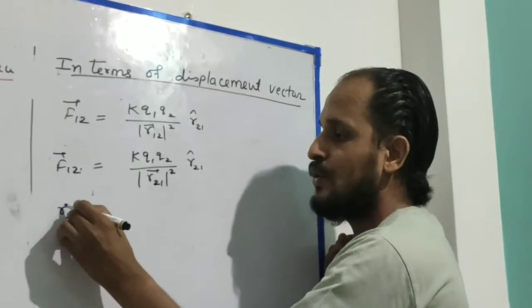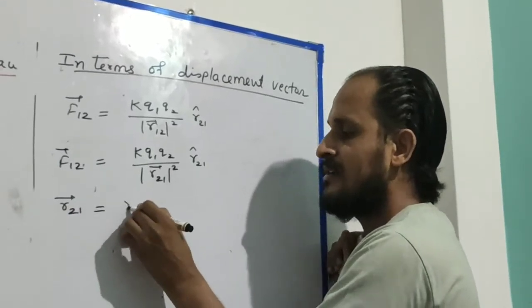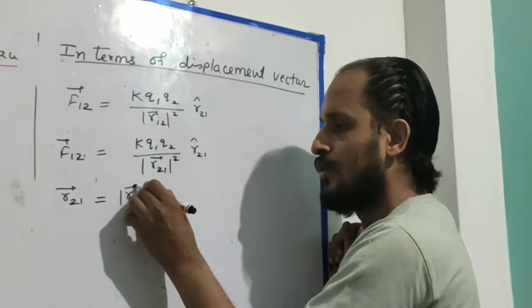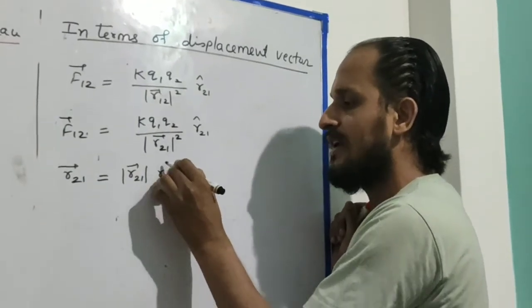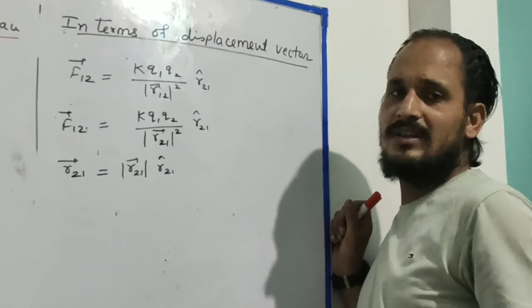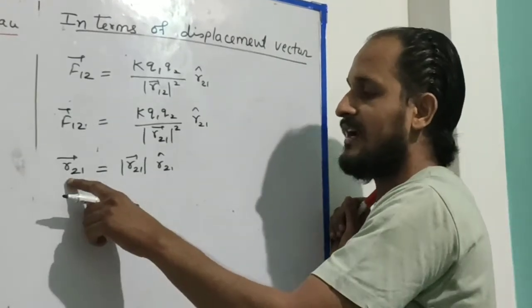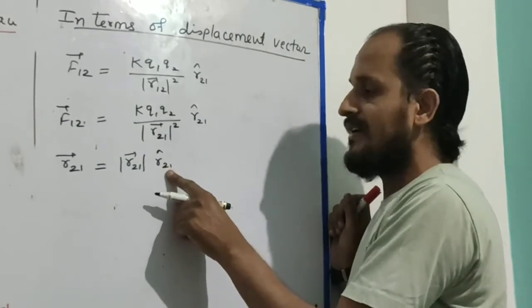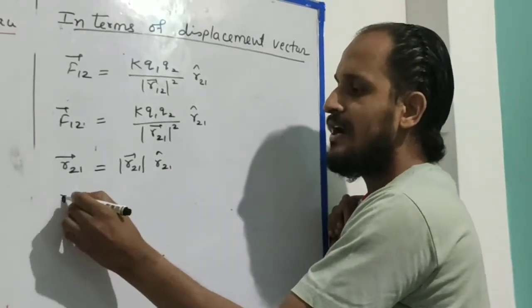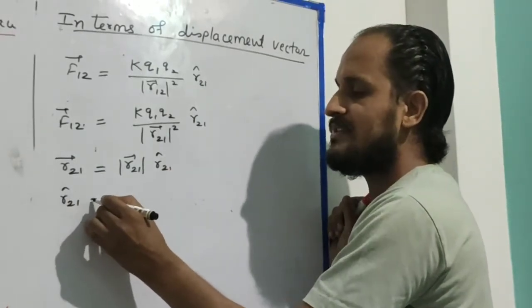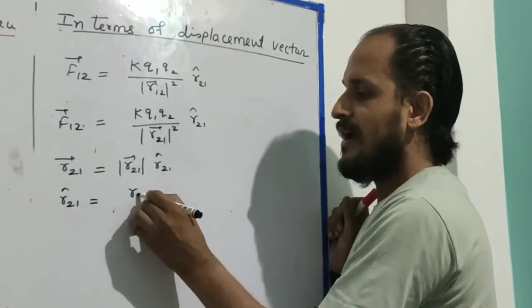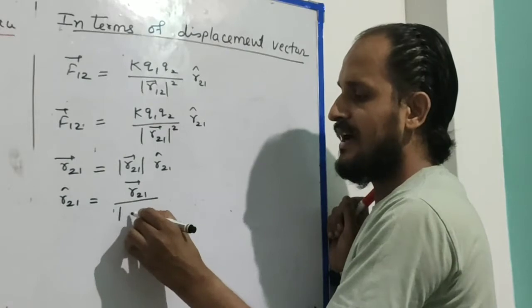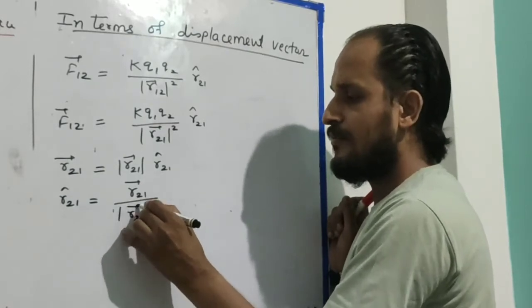Now R21 displacement vector is equal to R21 magnitude times R21 cap. You remember in 11th class that a vector is the product of magnitude as well as unit vector. So R21 cap is equal to R21 displacement vector divided by R21 magnitude.